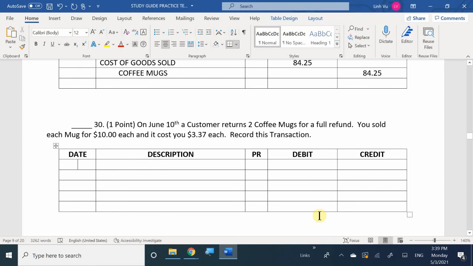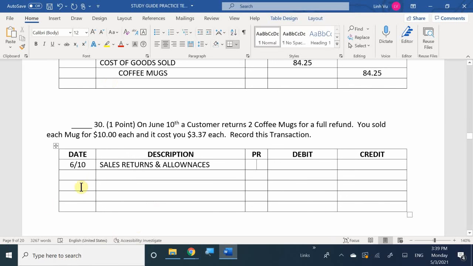Sales returns and allowances. You cannot ever take away from sales directly. It's finite. Once a transaction has happened, you cannot undo it. So in this case, we have to create a contra account called sales returns and allowances.